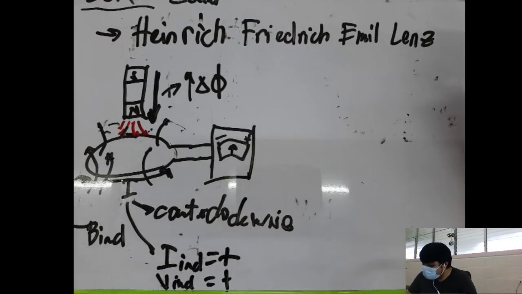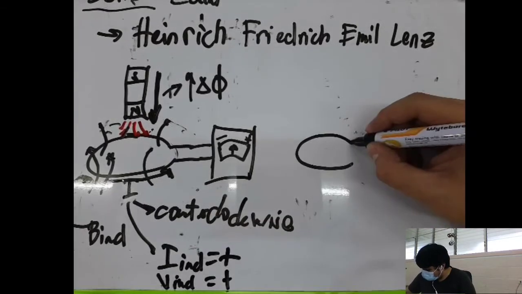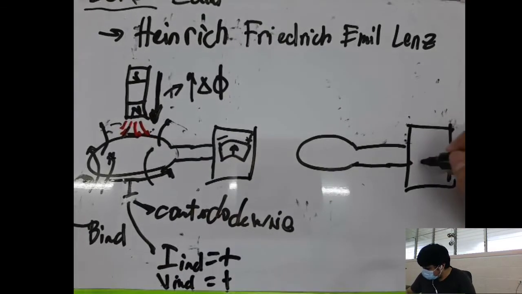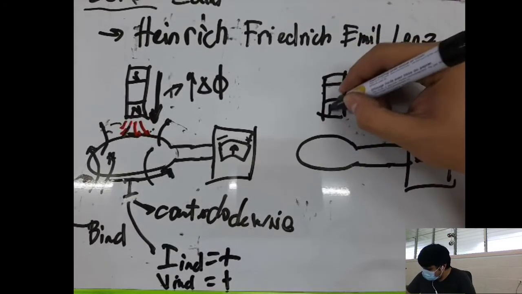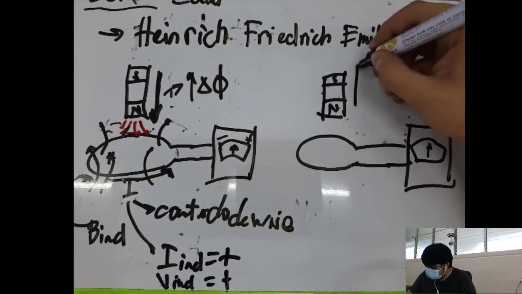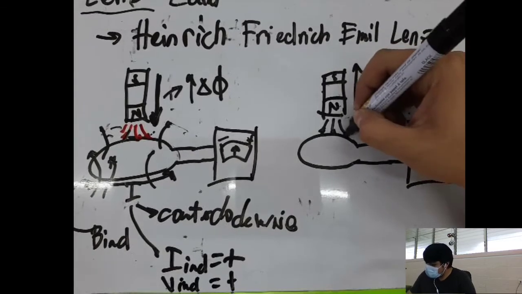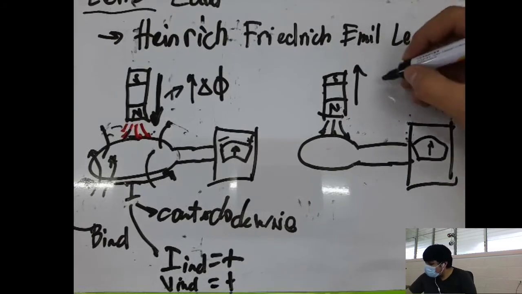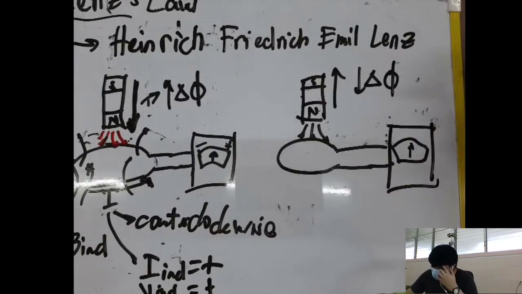So now let's say the motion is away from the coil. Since the motion is away from the coil, there will be a decrease in the magnetic flux felt by the coil there.